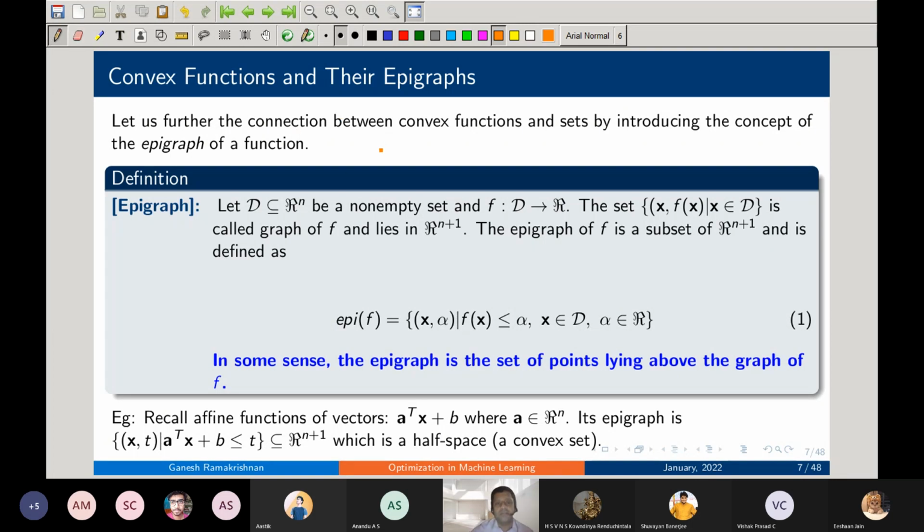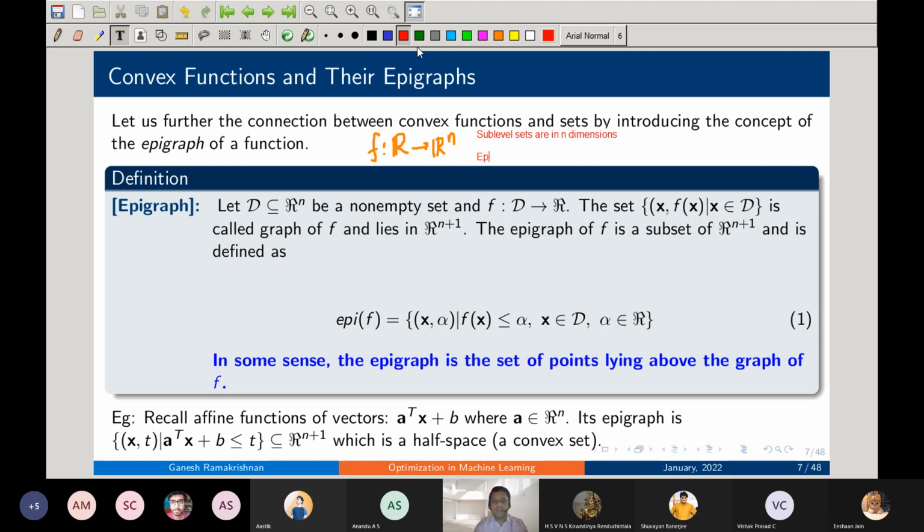Okay, so you have the function f going from Rn to R. The sets are in n dimensions, as Rn basically.